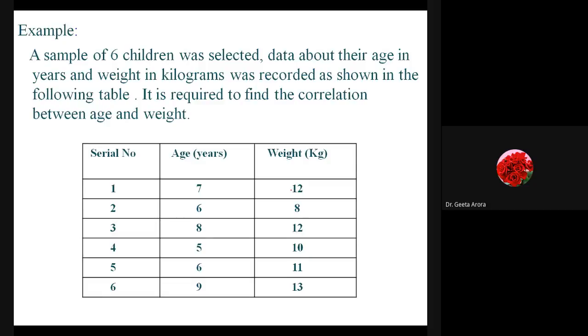You can see one kid of age 6 is having weight 8 and the other is having weight 11. Right? It doesn't matter, whatever we have calculated, we have summarized as data, so it is given to us. We have to find out whether the two things are related or not, correlated or not.